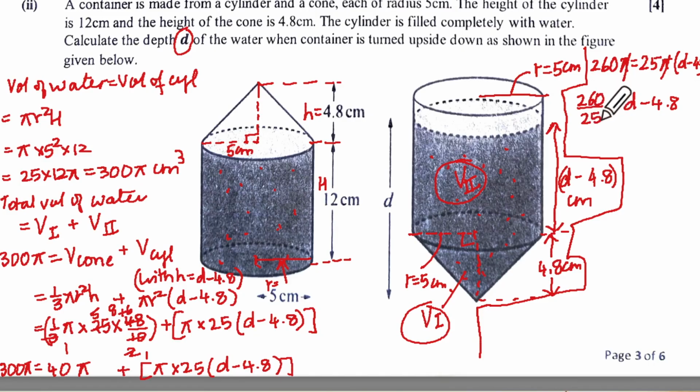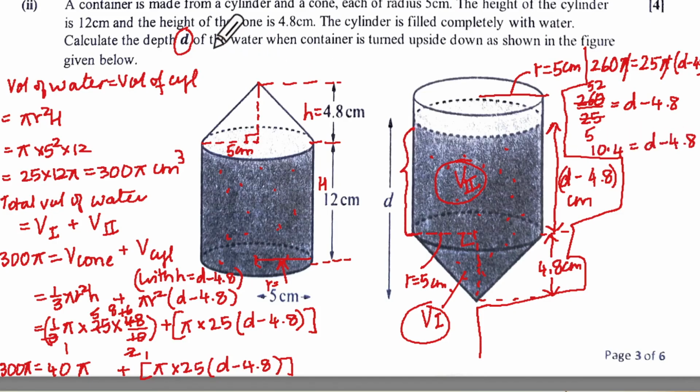What do I get here? 5 fives and 5 goes 52 times. Very good. So 5 will go once, 0 times, it will be 10, and 2/5 means 10.4 is equal to d minus 4.8. So from here to here is 10.4, but we are not interested in that.